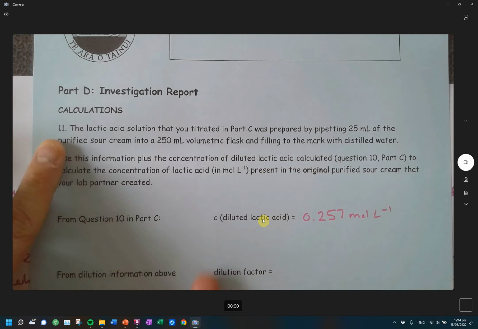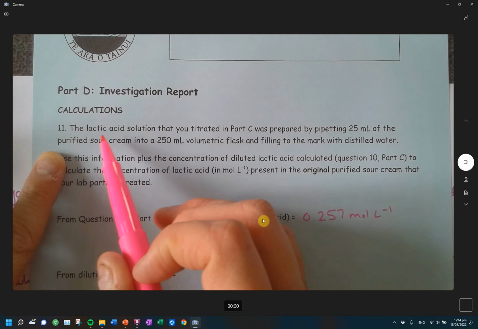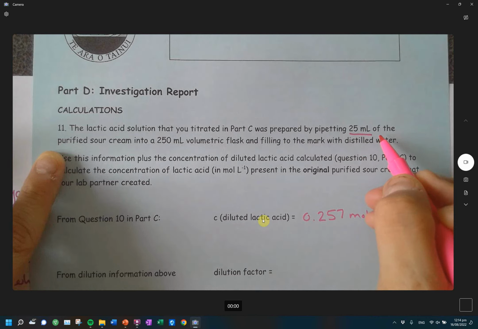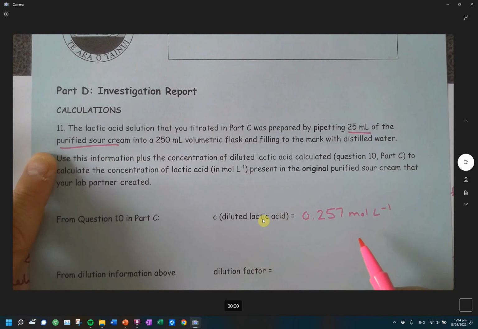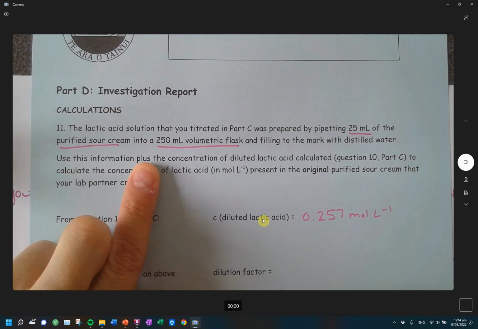So I'm going to go back up here and do some reading. When we did this experiment for the lactic acid, we pipetted 25 milliliters of the purified sour cream and put it into a 250 ml flask, and then we filled it up with distilled water.